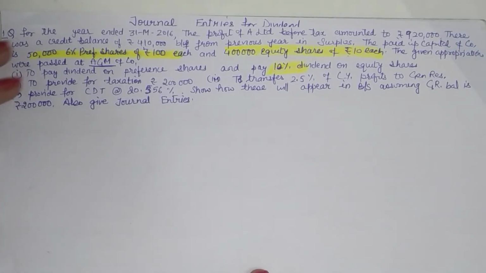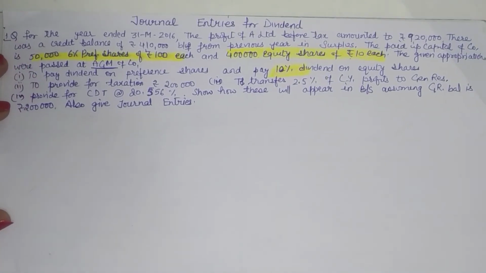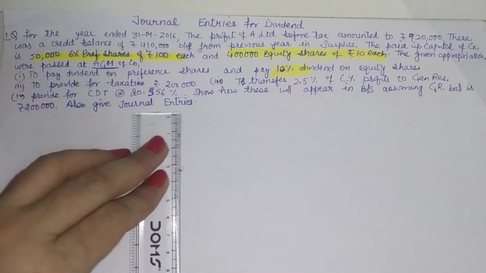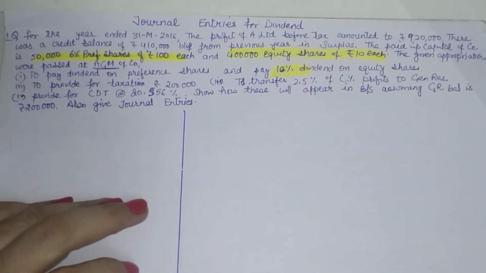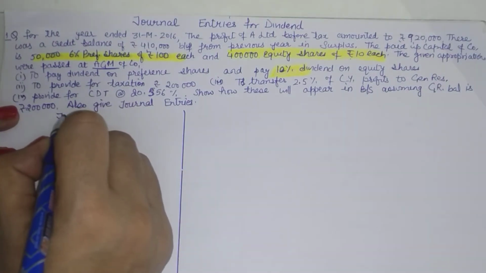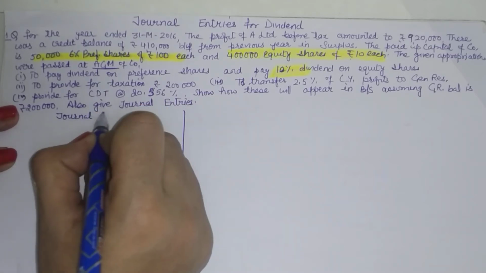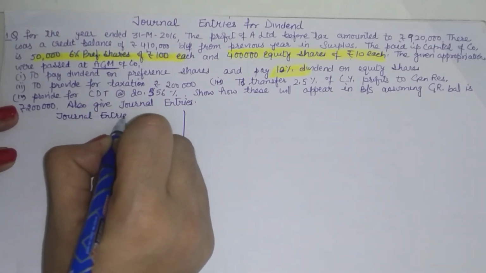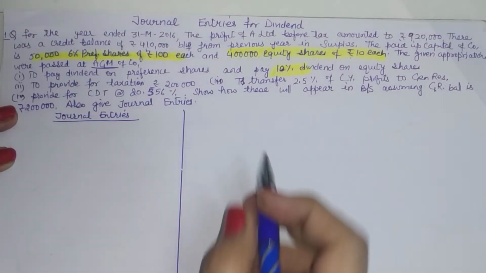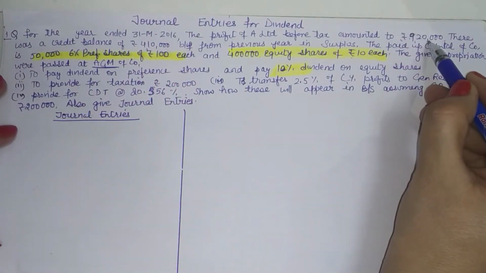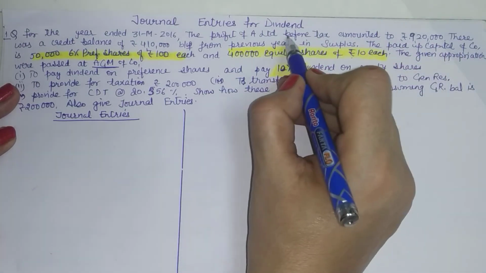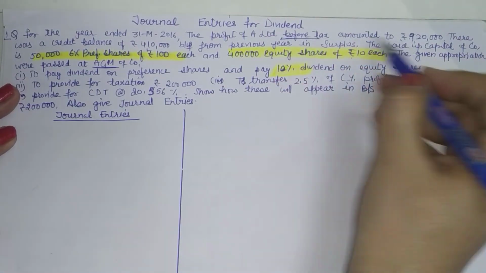Okay. So starting with the journal entries. Now remember, before we provide for dividend, we are first to provide for the taxes and then the surplus is to be determined and transferred in surplus account, right? So you have a profit of current year 9,20,000, but it is before tax. So you cannot use it to pay dividend.